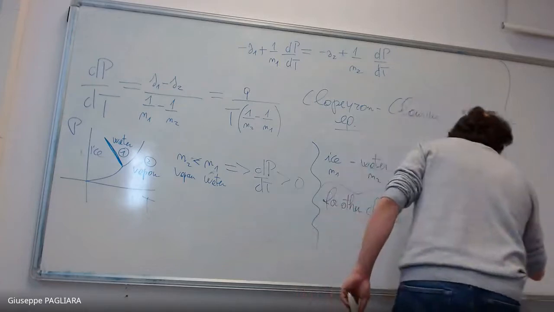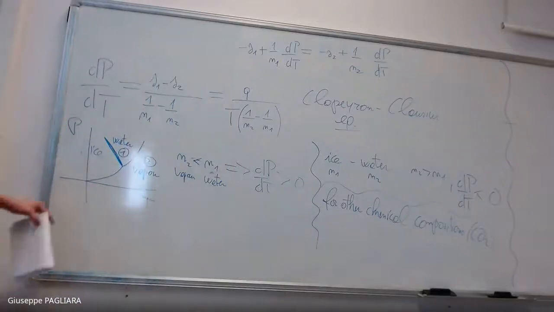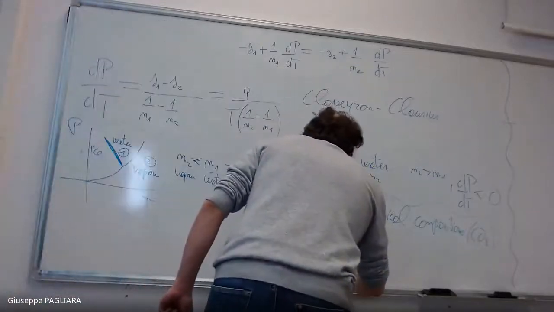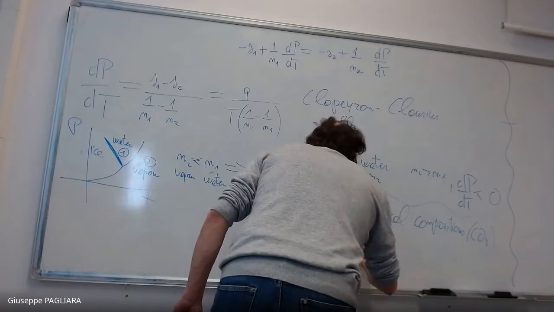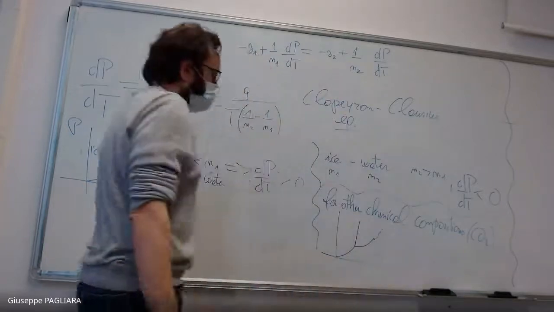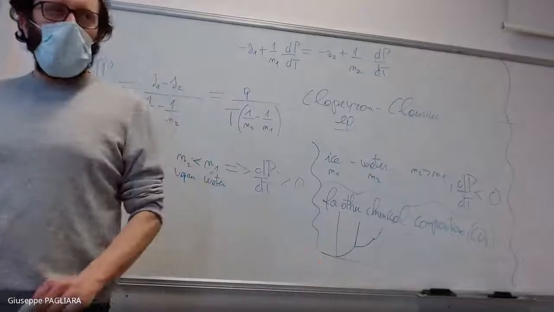For instance CO2, you can actually have a phase diagram in which also the solid liquid phase has a positive slope. And you will have something like this. You have a triple point, then you have a line with this slope here, then you have the first order line and the critical point. So for CO2 it's like that. So it's a positive slope. Okay?